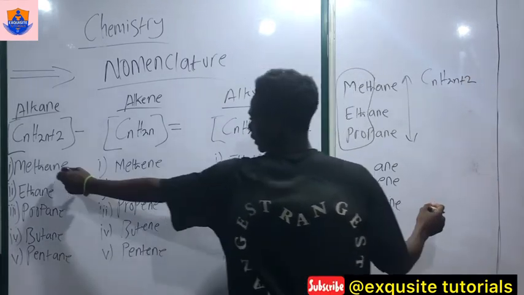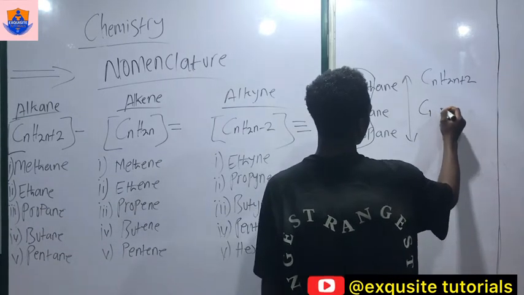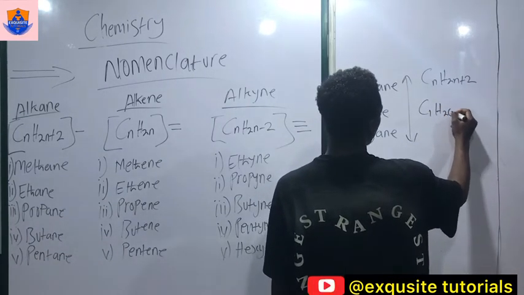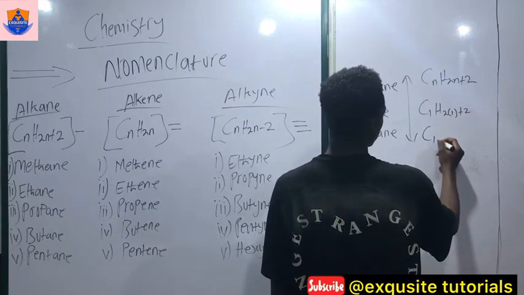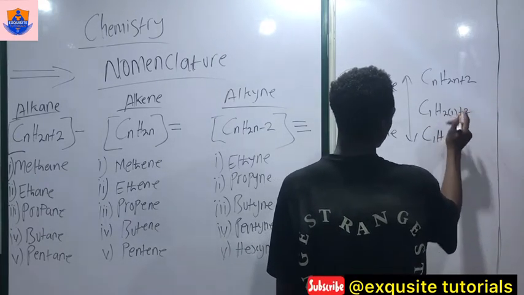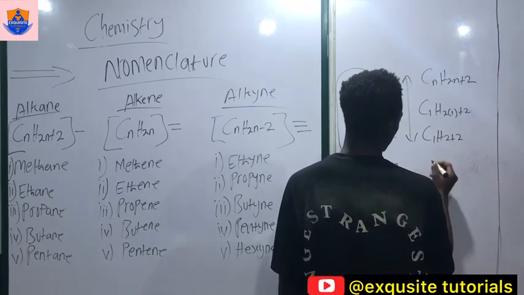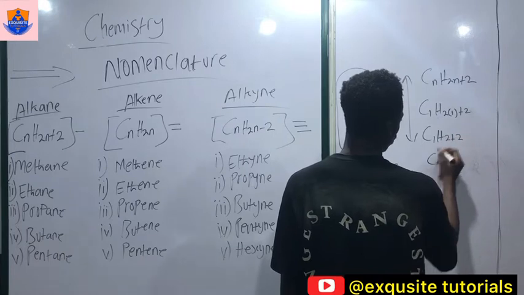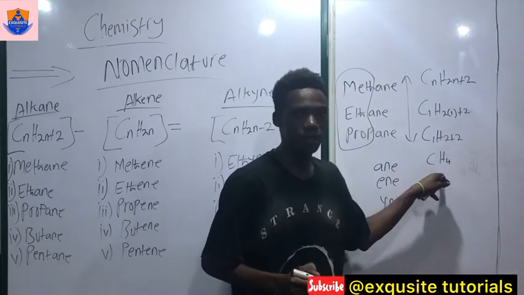Methane is the first member, so we have C1H2 times 1 plus 2. So we have C1H, 2 times 1 is 2, then plus 2. C1 is the same thing as C, then 2 plus 2 is 4. So we have CH4. This is methane, CH4.